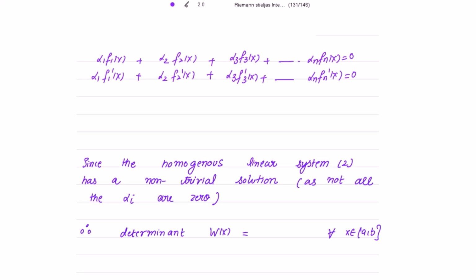Likewise, take the second derivative, third derivative, and I will reach the n minus 1th derivative.